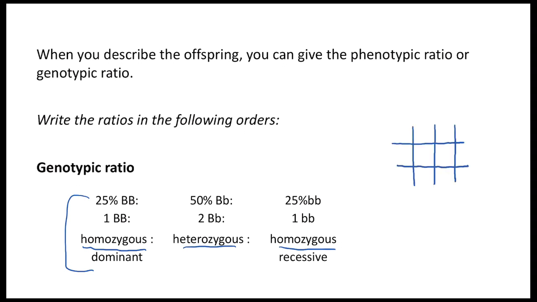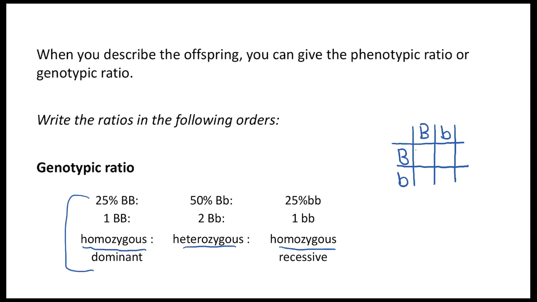Okay, so we're crossing capital B, little b with capital B, little b in order to get this particular example of a genotypic ratio.